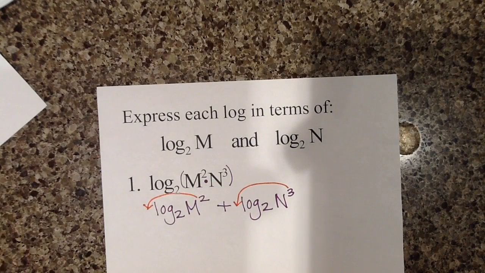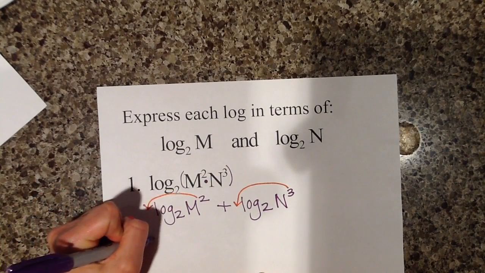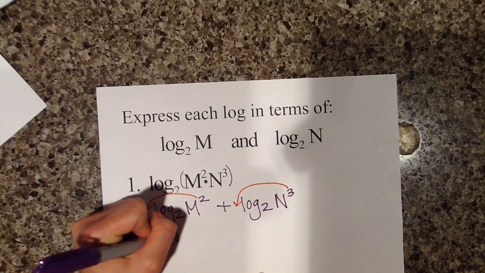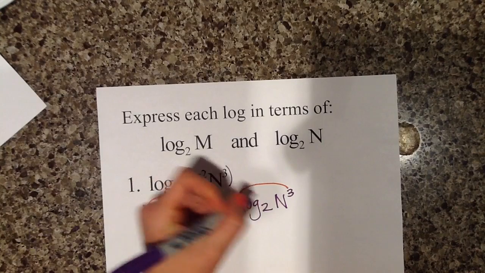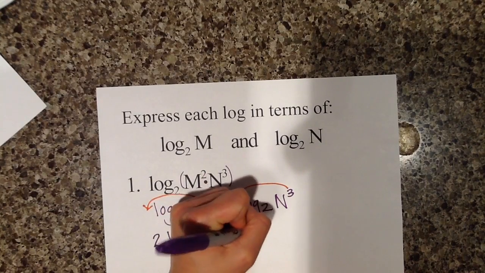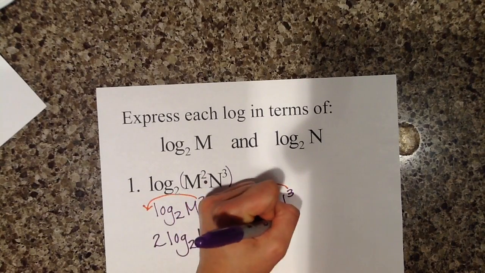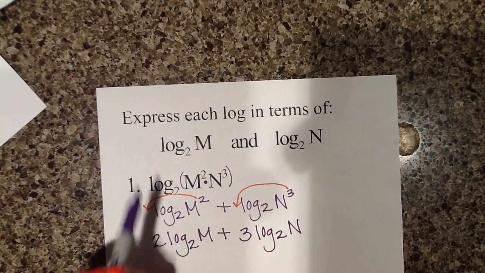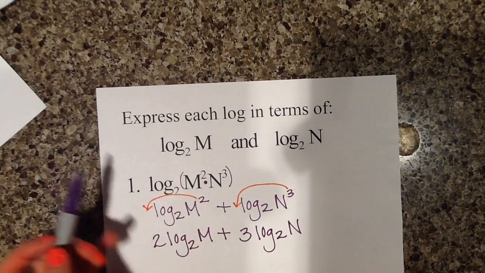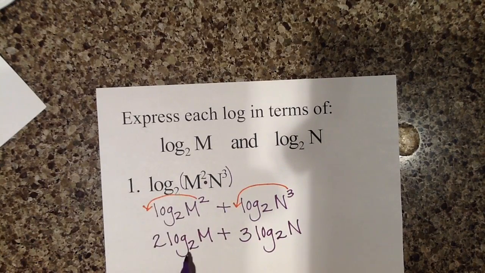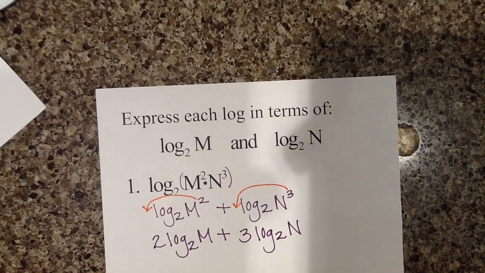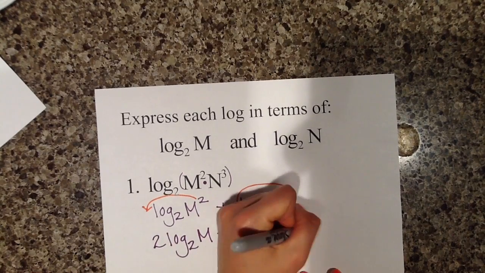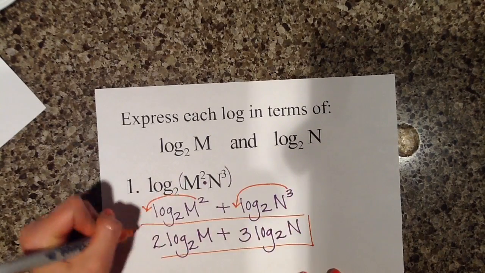So we make that move now, and we end up with 2 times log base 2 of m plus 3 times log base 2 of n. According to the directions, that's exactly what we wanted to do. We wanted to take this single log and break it into the sum of two logs using log base 2 of m and log base 2 of n. So this is indeed our final answer.